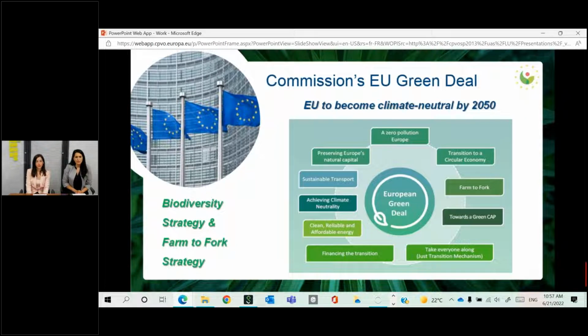Michele was mentioning before the newsletter of the help desk, and he mentioned the European Union Green Deal. What is this document? This is basically a promise that the European Commission made as a sort of political program. This political program has one essential objective, which is making the EU the first climate neutral continent by 2050.